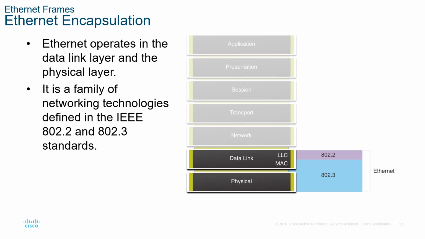So basically, it supports various data bandwidths up to 100 gigabit per second. If we look at the diagram here, the Ethernet standards define both the layer 2 protocols and the layer 1 technologies. So it works on both the data link and physical layers.